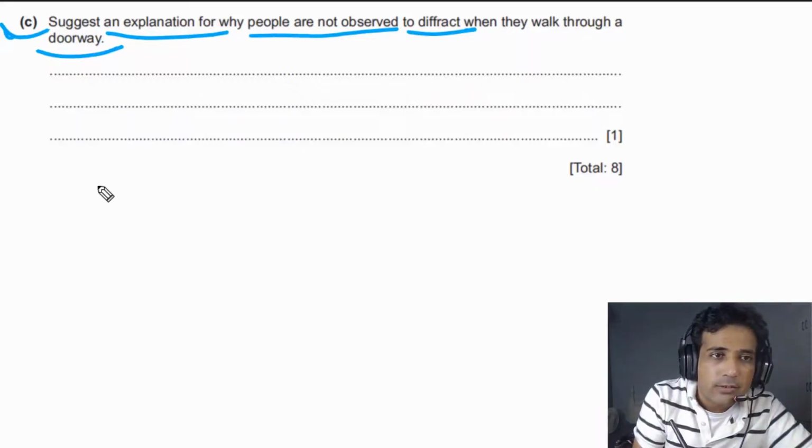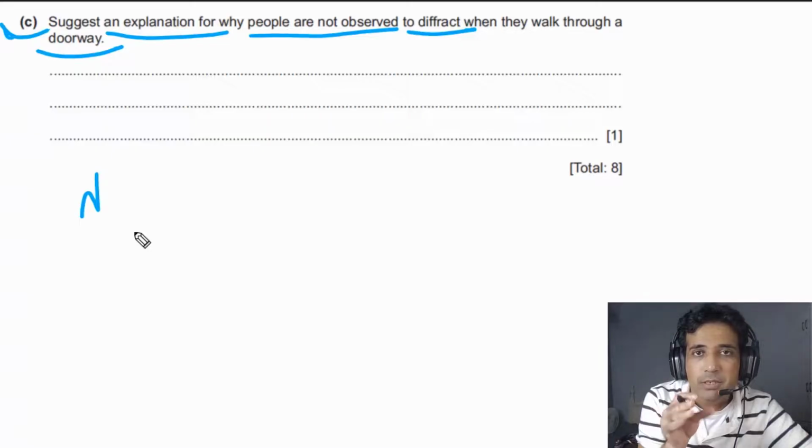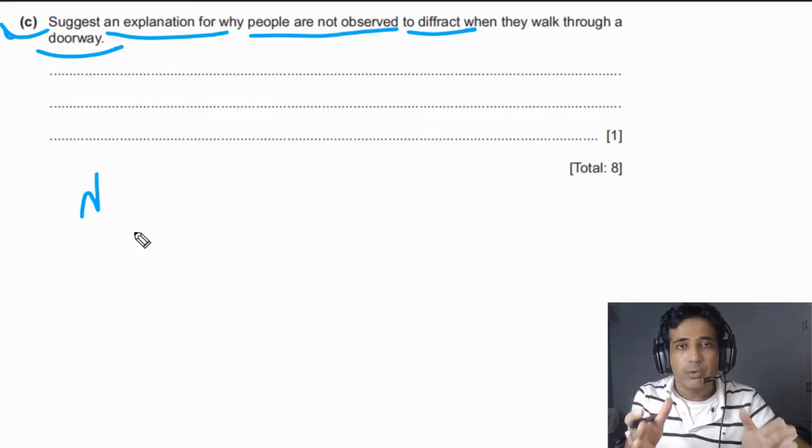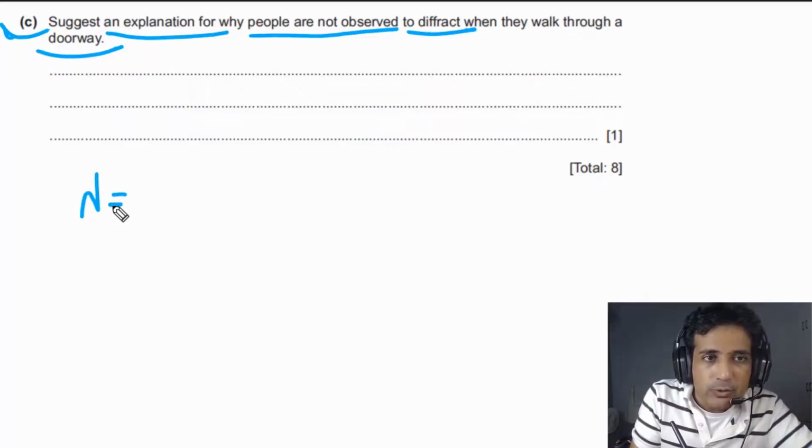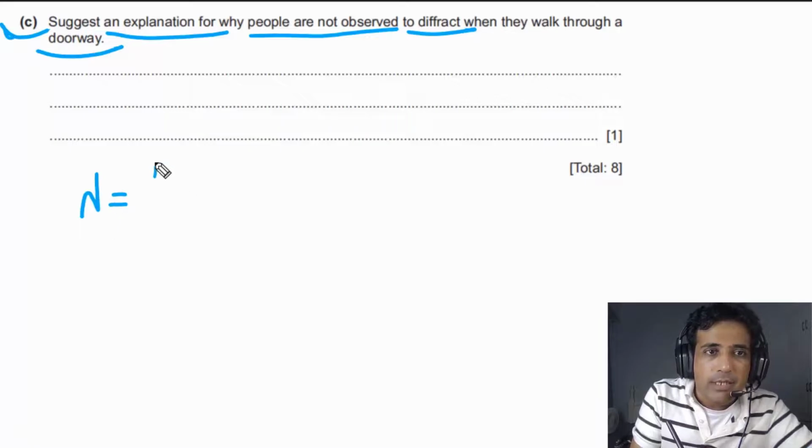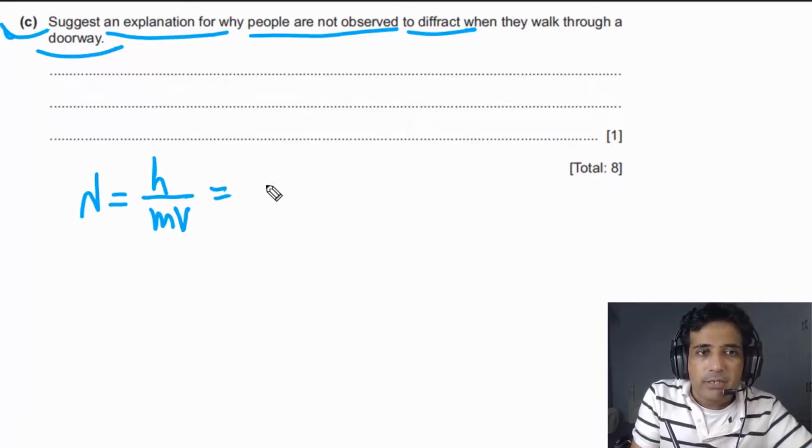Let's try to understand this one with the help of de Broglie wavelength. Matter, you need to understand, also has wave properties. So let's try to find out our wavelength when we walk through a doorway. We can calculate the de Broglie wavelength, lambda, which is equal to h over m times v. In this case, h is equal to 6.63 times 10 to the negative 34.